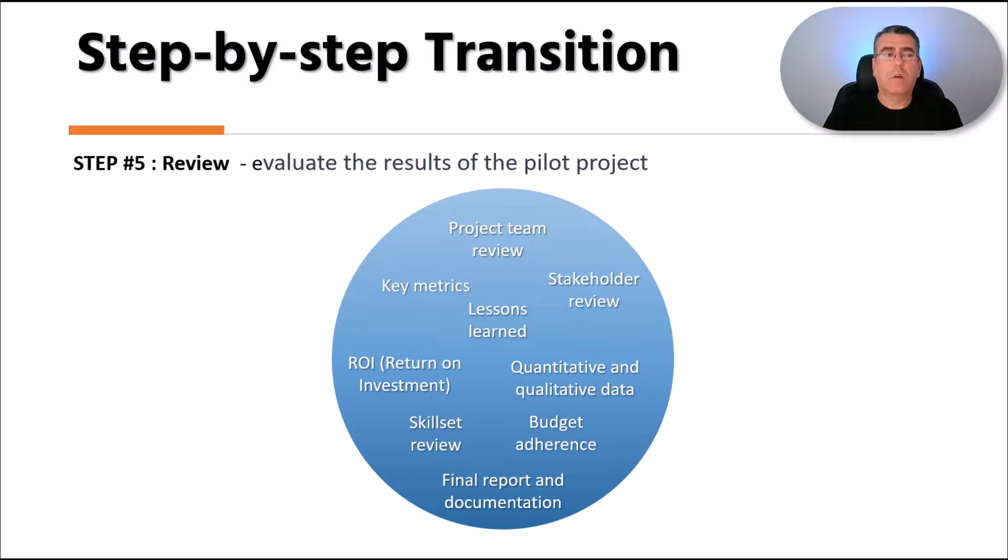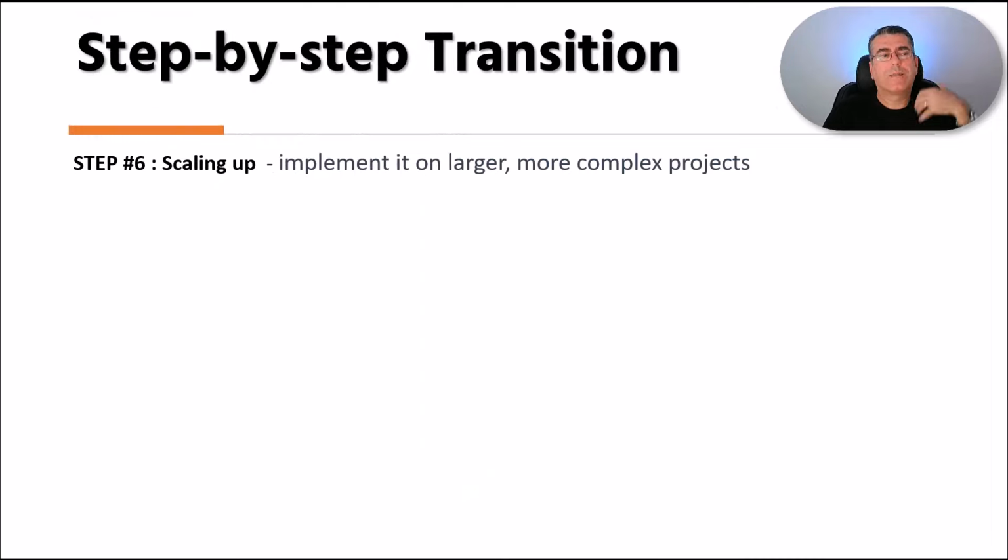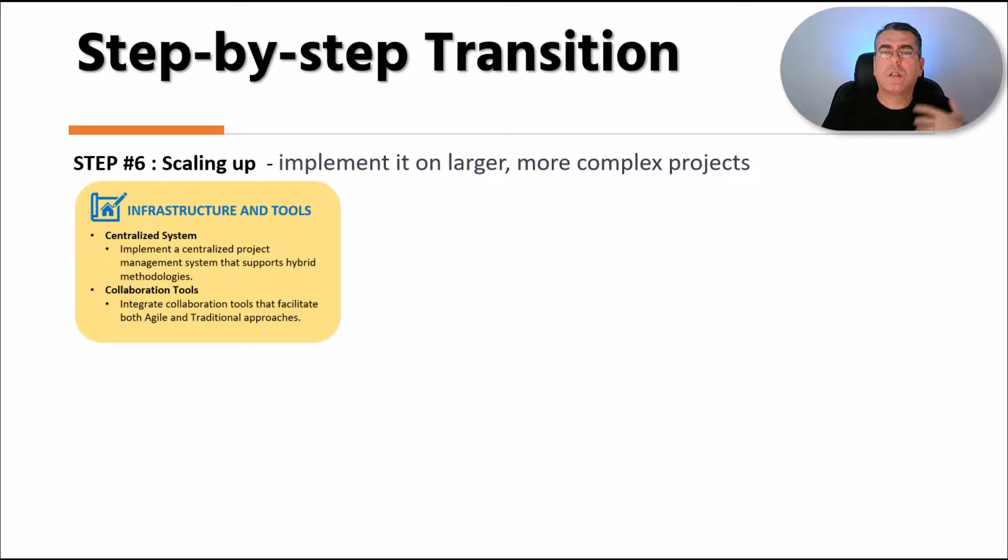And finally, you're going to scale up. You're going to implement it on larger and more complex projects. For this, you're going to look at the infrastructure and tools. You're going to implement a centralized project management system that supports hybrid methodologies.